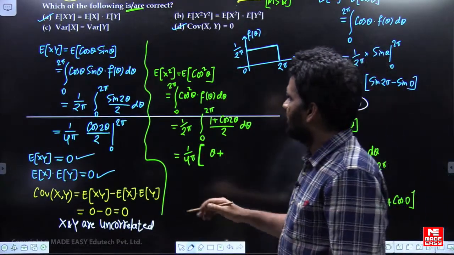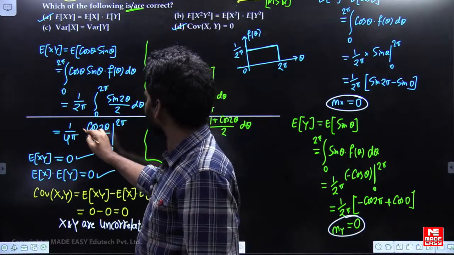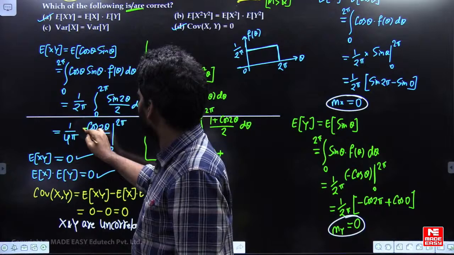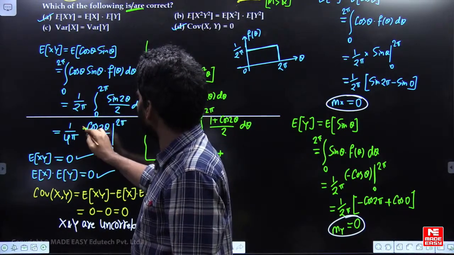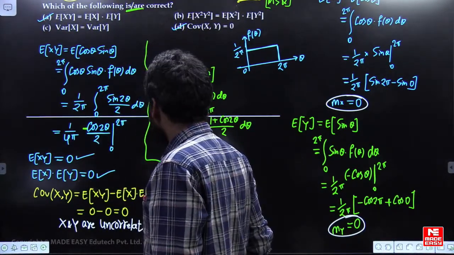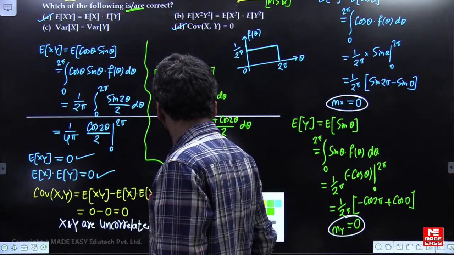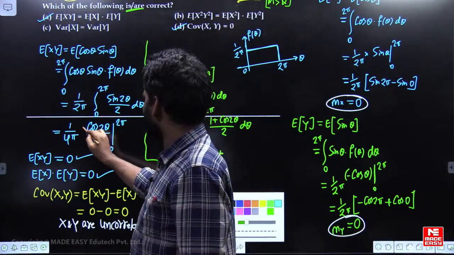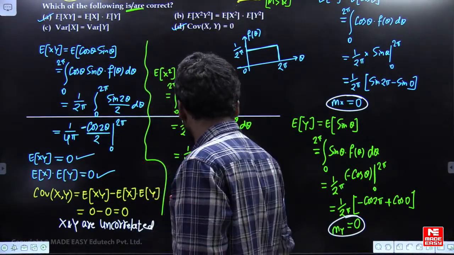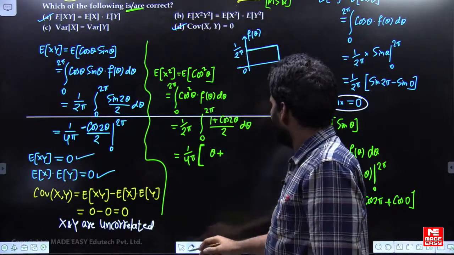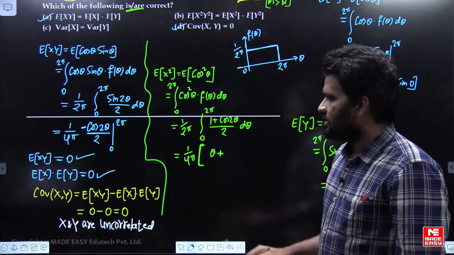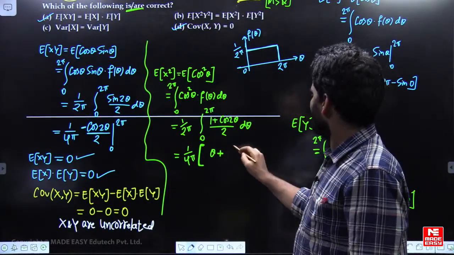If you substitute upper and lower limits, that will be 0 only. So the integration of cos will be sine.